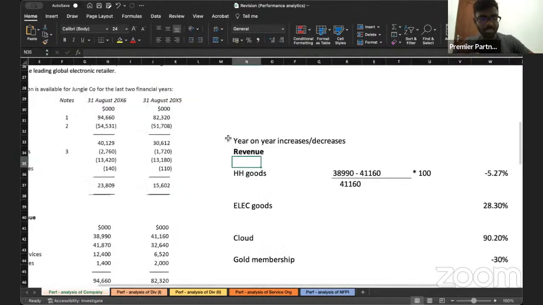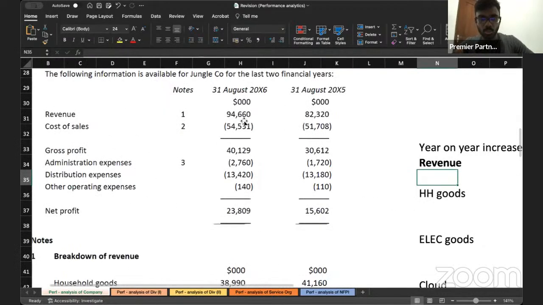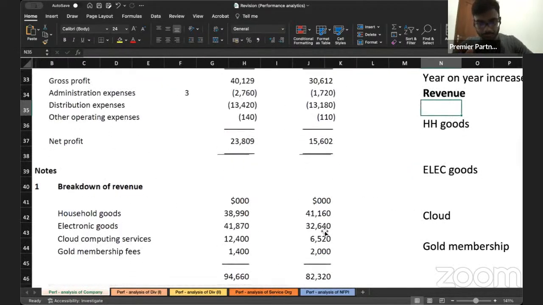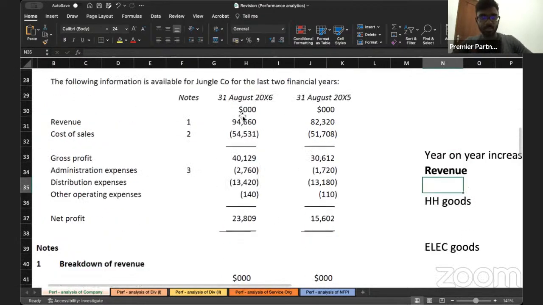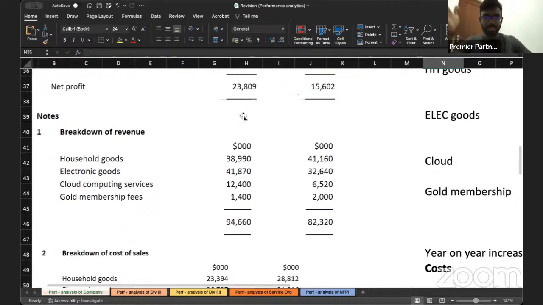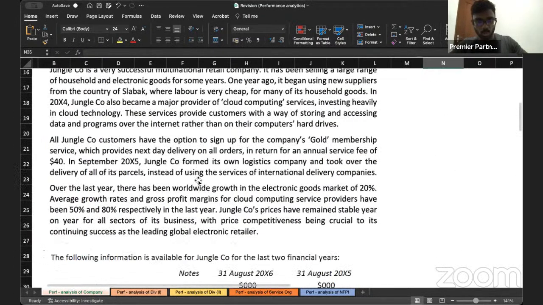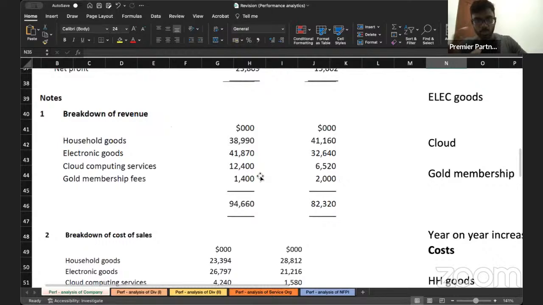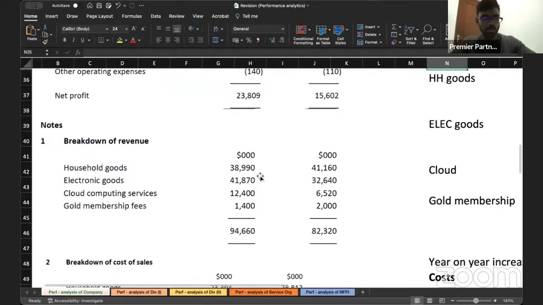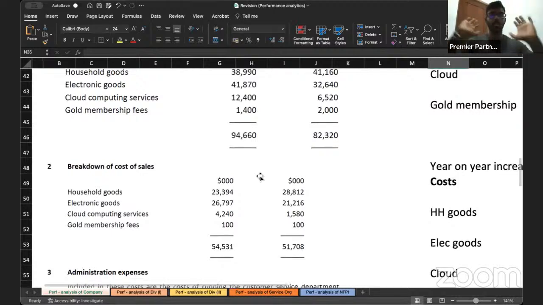No major increase. See, from 82 to 94. But here, obviously, when your revenue is coming from different streams, you need to do the analysis for the streams individually, not focus more on the total value. Do it for the individual revenue streams. Are we clear? Right. Okay.